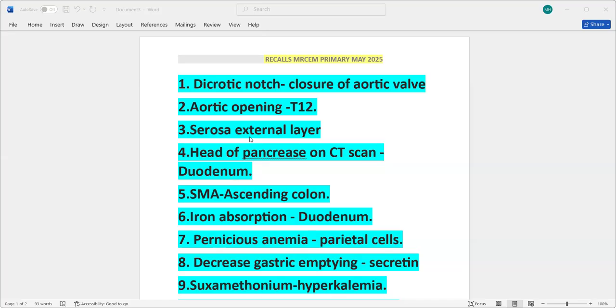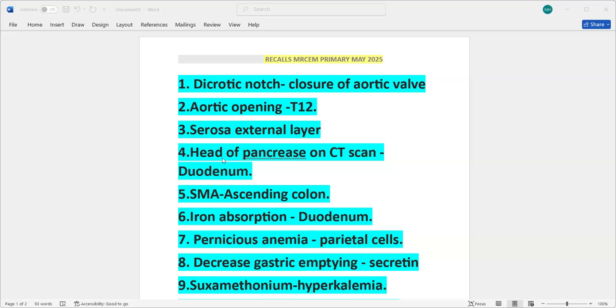And then there was an option like which part is the external part of the intestine. They mentioned mucosa and other options as well. The external most part is the serosa of the intestine. Okay, so serosa, and this came as a clinical scenario.